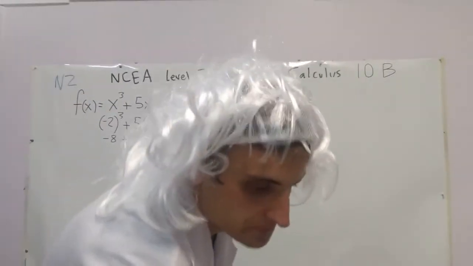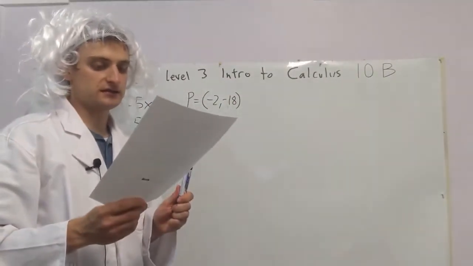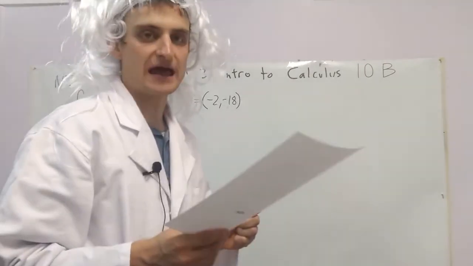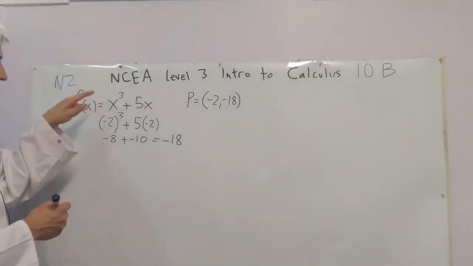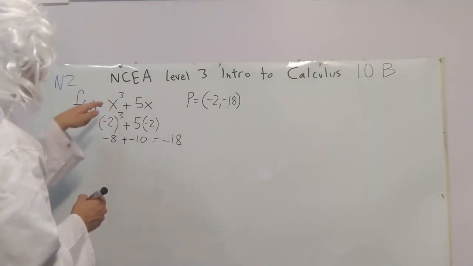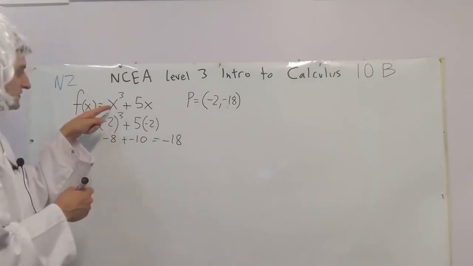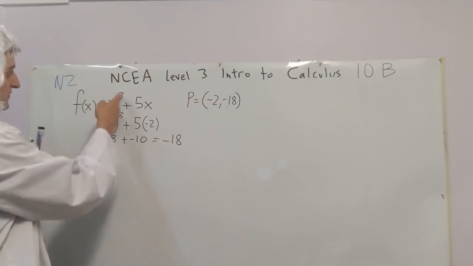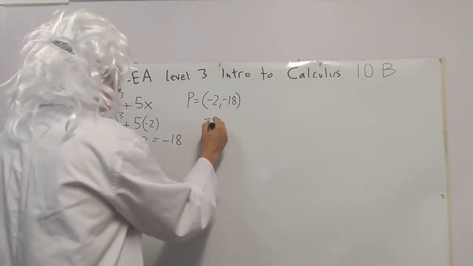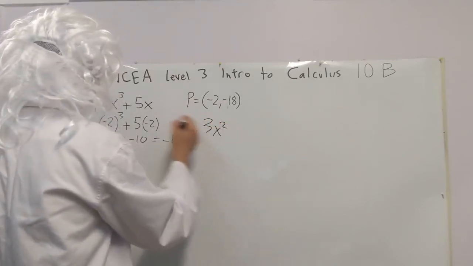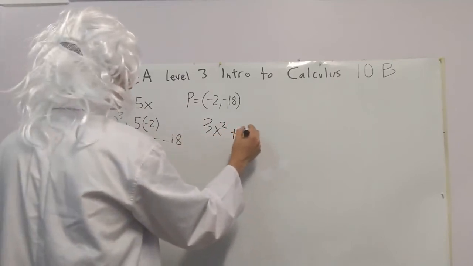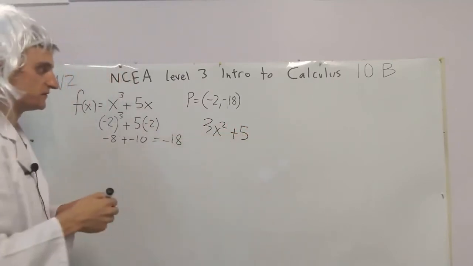And the next part, calculate the gradient of the tangent to the curve at the point P. So what we'll have to do is we'll have to take the derivative. So the derivative of x cubed, we move the 3 out in front, 3x squared plus 5 is the derivative.